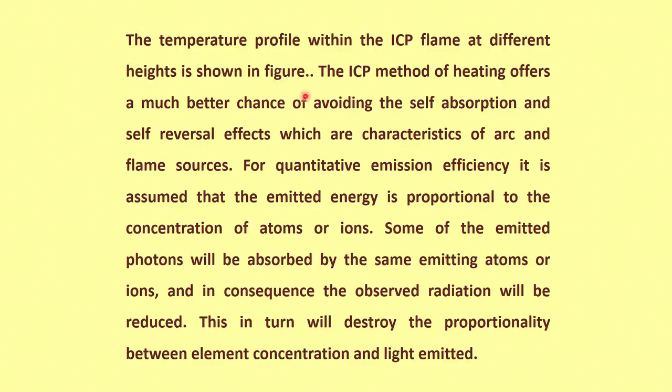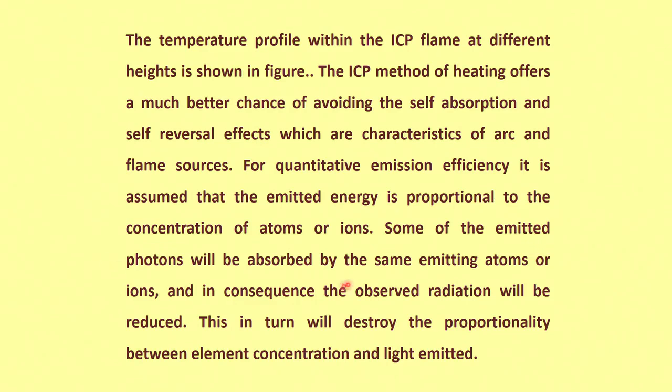So, for quantitative emission efficiency, it is assumed that the emitted energy is proportional to the concentration of the atoms or ions. Why? Self reversal is minimum. That is why we should assume that the proportion of the emitted radiation is in 1:1 correspondence with respect to that of atoms or ions.